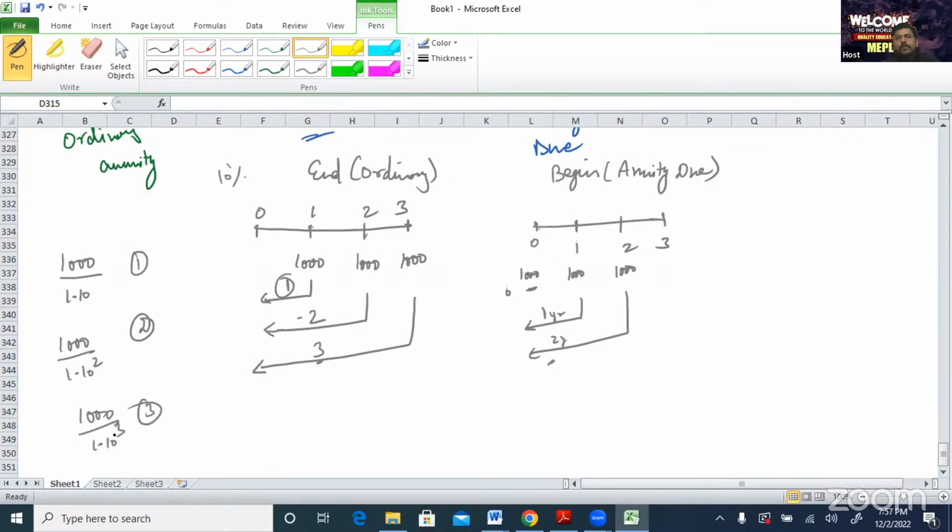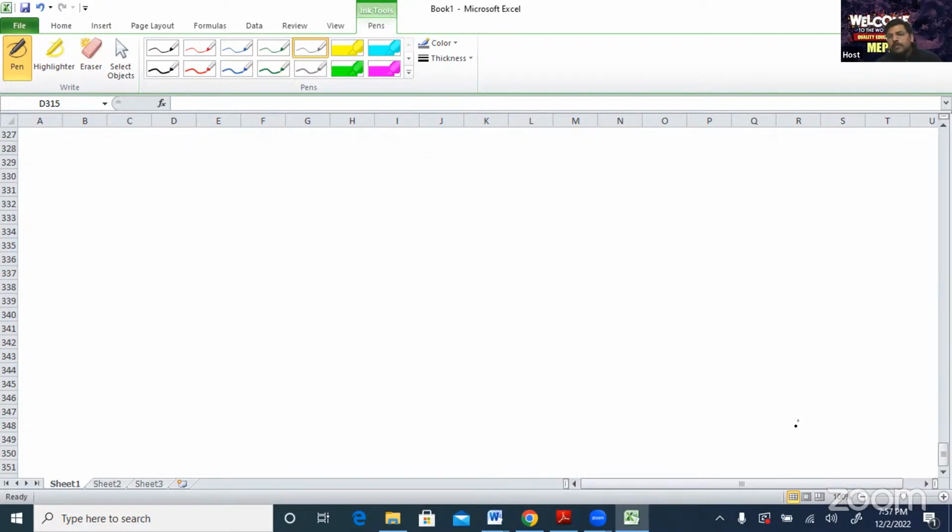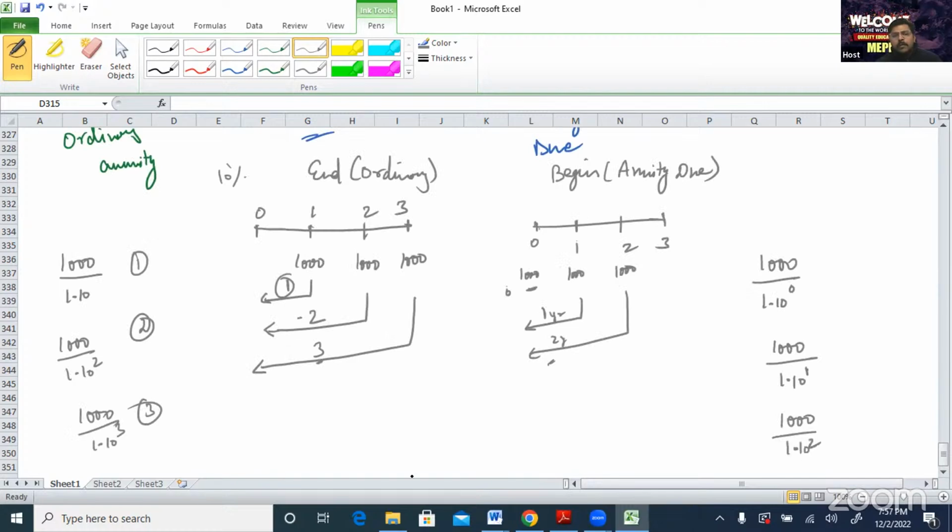And here my first cash flow is discounted for 0 period, so this will become 1. So it is 1000 as it is. The second cash flow is discounted for how much time period? 1 year. The third cash flow is discounted for how much time period? Sorry, 2 years. So this is my first cash flow, this is my second cash flow, this is my third cash flow.